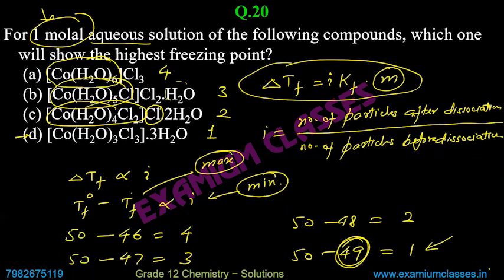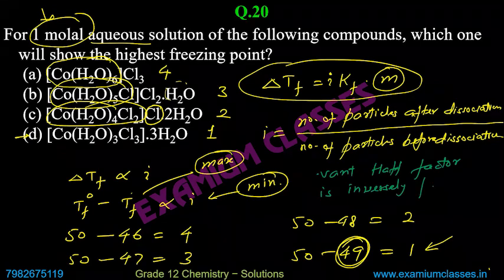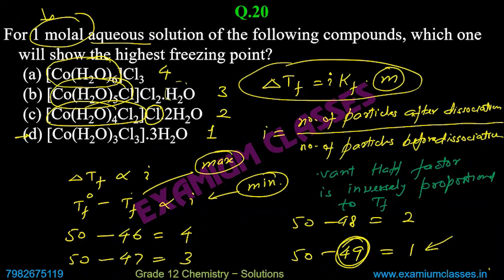And that statement is: Van 't Hoff factor is inversely proportional to TF, meaning freezing point.